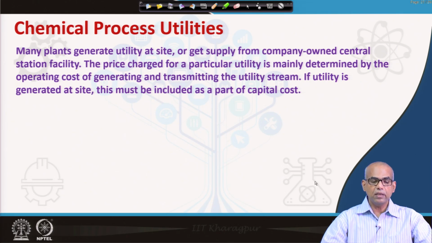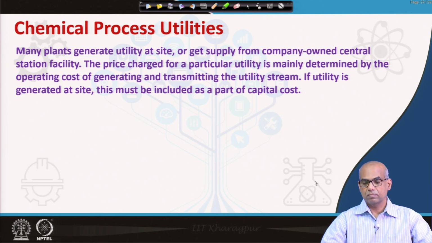Many plants generate utilities at site or get supply from a company-owned central station facility. The price charged for a particular utility is mainly determined by the operating cost of generating and transmitting the utility stream.